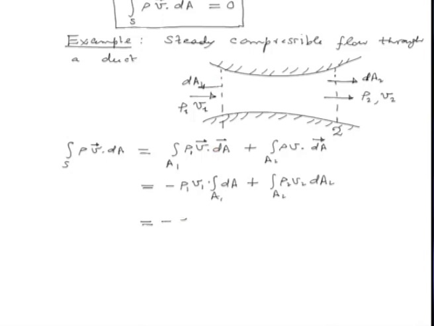So we simply get minus rho 1 v1 A1 plus rho 2 v2 A2, and from continuity this should be equal to 0. This gives us the simplified form for one dimensional flows: rho 1 V1 A1 is equal to rho 2 V2 A2.